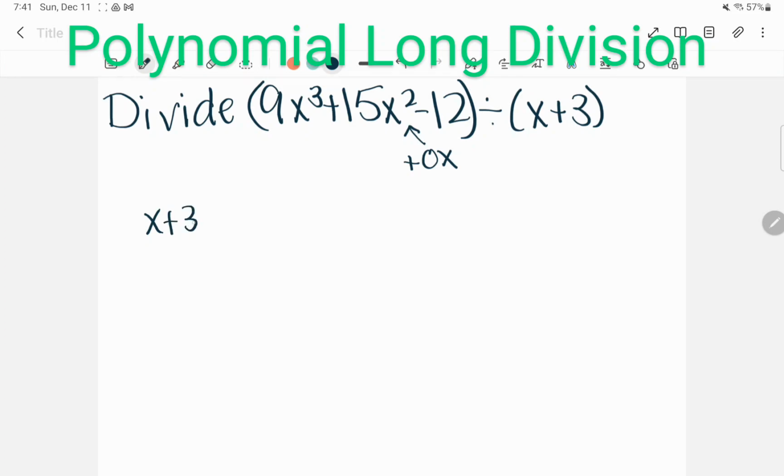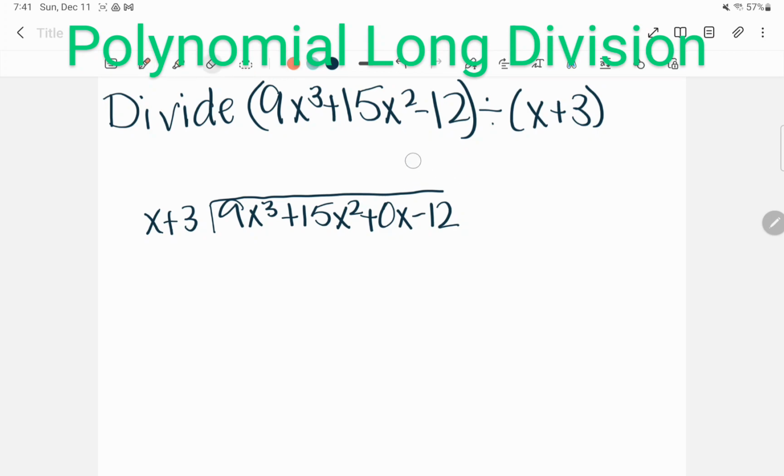So I'm going to set up my division like I normally would. And here it is, remembering to put that 0x to denote for myself that that is in fact happening here.